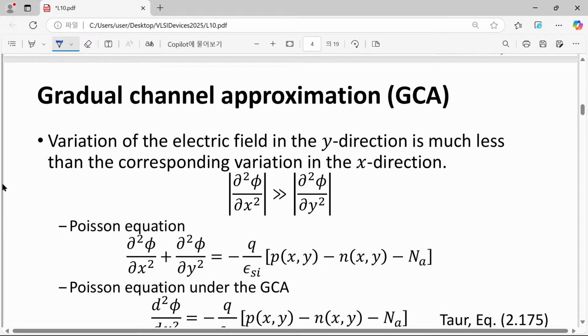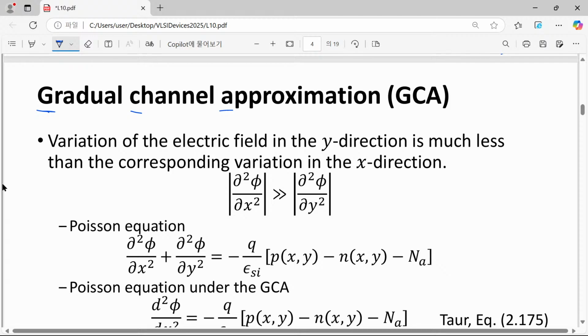And we must start from this gradual channel approximation. Interestingly enough, Professor Tower visited Korea this year, in February, for a conference. Although I missed that presentation, I heard that he has invented a way to go beyond this gradual channel approximation, and he promised the audience that he will make a new version of his book and add this beyond-gradual-channel-approximation content to the textbook.